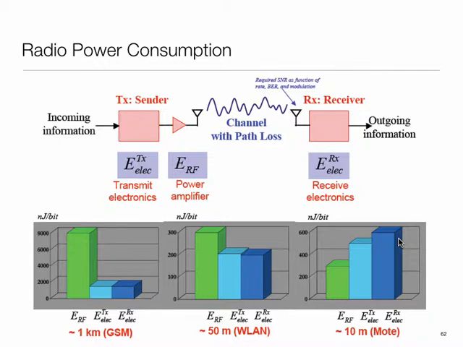In fact, this can get so tiny that reception may be more expensive than transmission. Normally transmission is more expensive than reception, because transmission includes the amplifier.